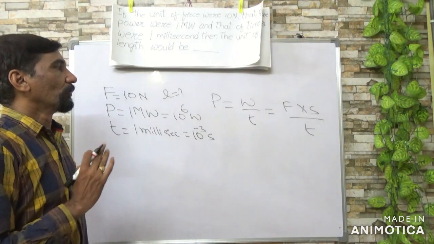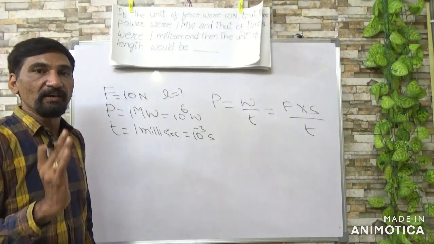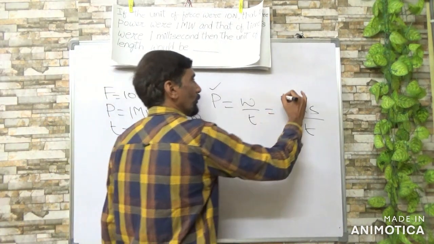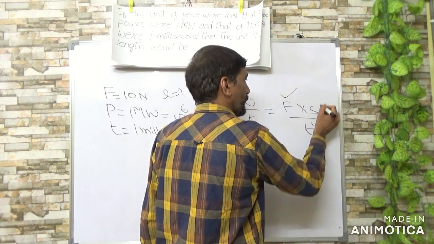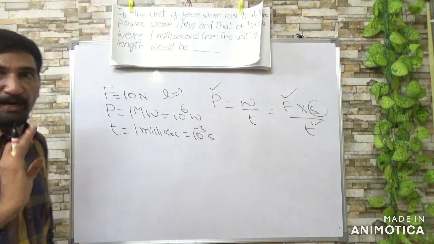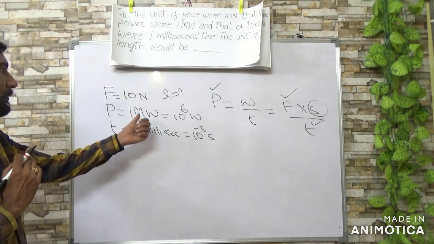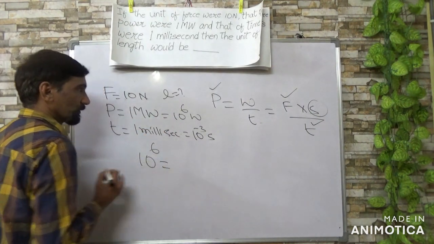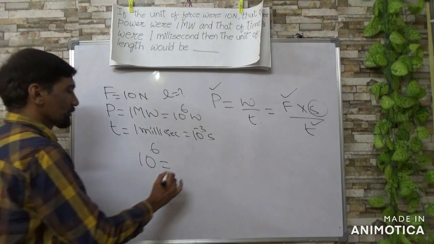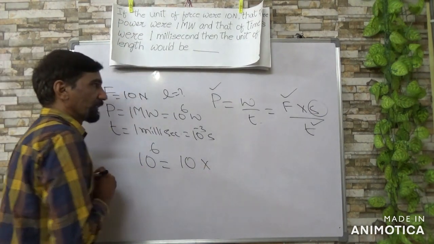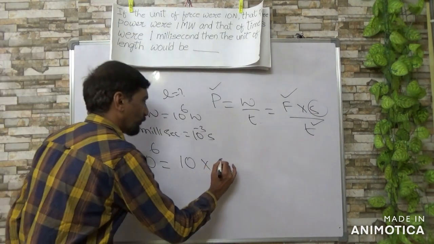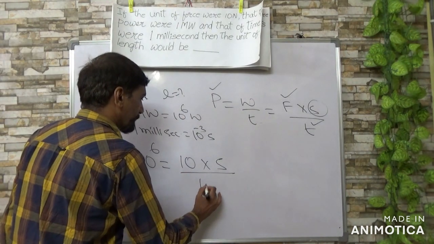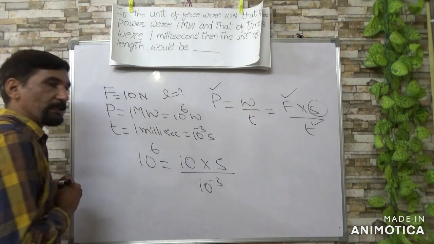Since power, force and time are known, you can find displacement. According to the problem, power 10 power 6 equals force 10 Newton into displacement S by time 10 power minus 3.